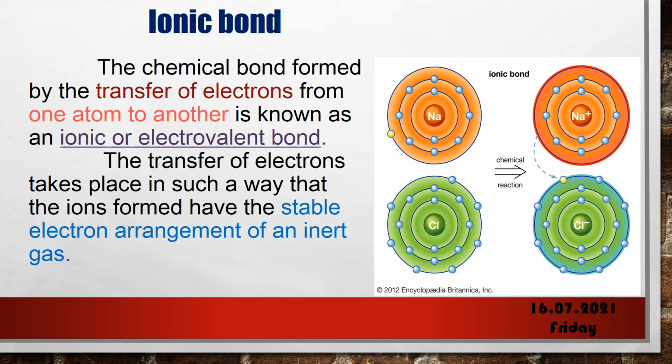The transfer of electrons takes place in such a way that the ions formed have the stable electron arrangement of an inert gas. So this is K shell having 2, L shell having 8, a neon type configuration, because sodium gives one electron.